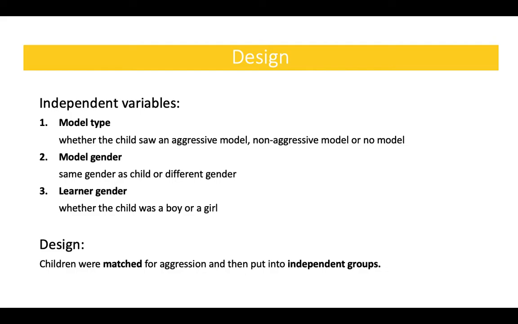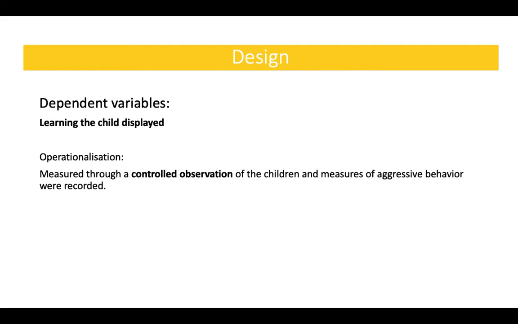The design is that the children were matched for aggression and then put into independent groups. I will explain this later. But in terms of independent groups, they will only be in either the aggressive model, the non-aggressive model, or the no model condition. So they only participate in one condition of the IV. So what are we measuring here? It's the learning the child displays. How do we operationalize it?